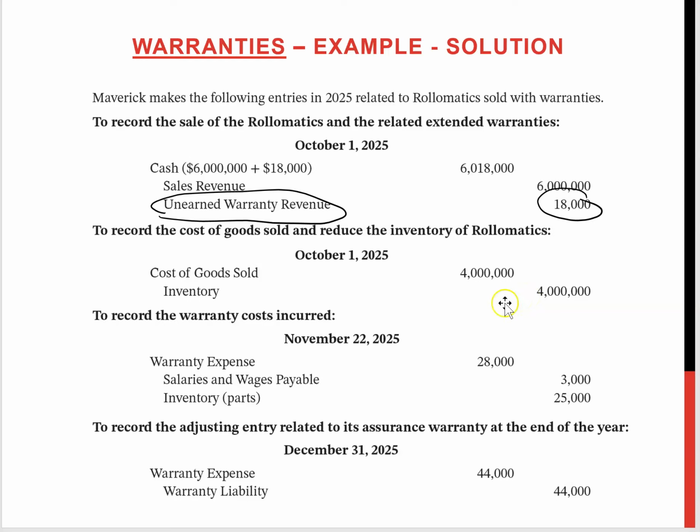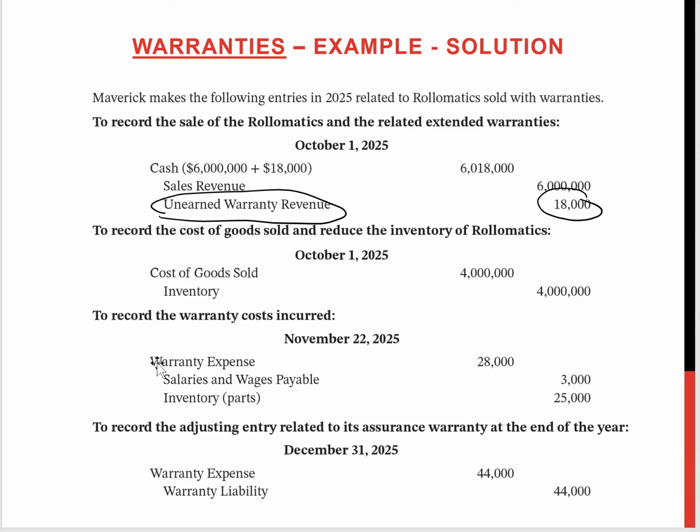Now on November 22nd, they have to provide some warranty services because there might be some defective products or other issues. So they did it, and in total they have parts cost 25,000, and they probably replaced some parts, and some repair cost and labor cost, they have to pay those. So altogether 28,000 they debited as warranty expense.